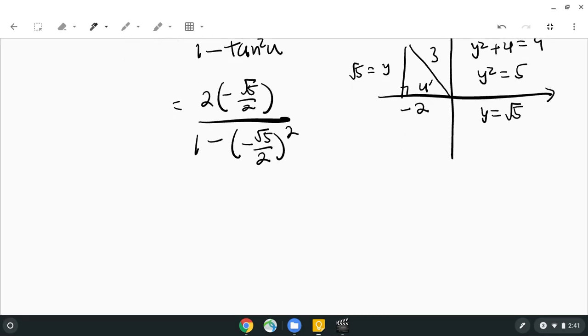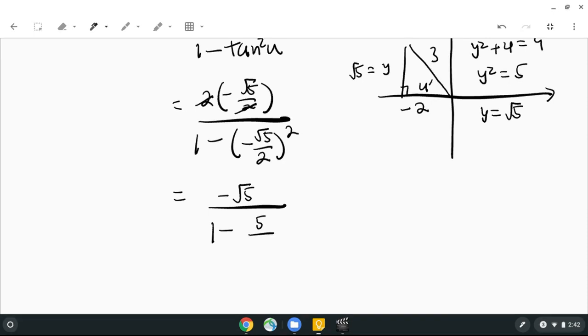So here, my 2's will cancel out up here. So I will have negative square root 5 in the numerator. And then down below, when I square that, I'm going to end up with a positive, and I'll get 5 here and 4 here.